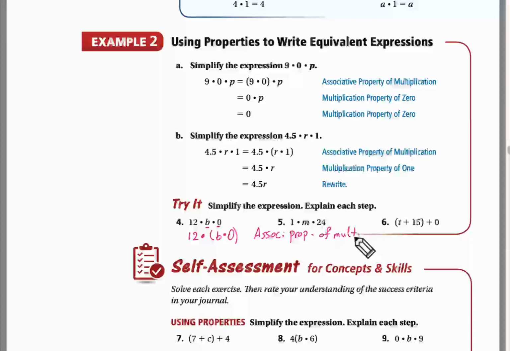And 12 times b times 0 equals 0. And this is multiplication by 0. Then 12 times 0 equals 0. So again, multiplication by 0.